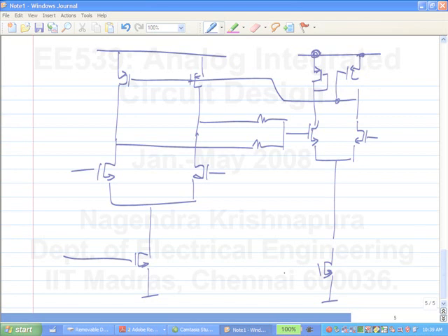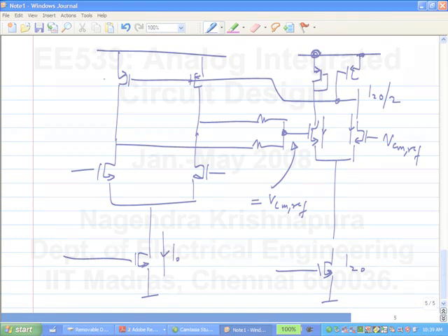This is VCM ref, the desired common mode voltage at the output. This is the actual common mode voltage at the output. If these two are equal, what is the current flowing here? This is, let's say, I0 by 2, and these two are I0 by 2.